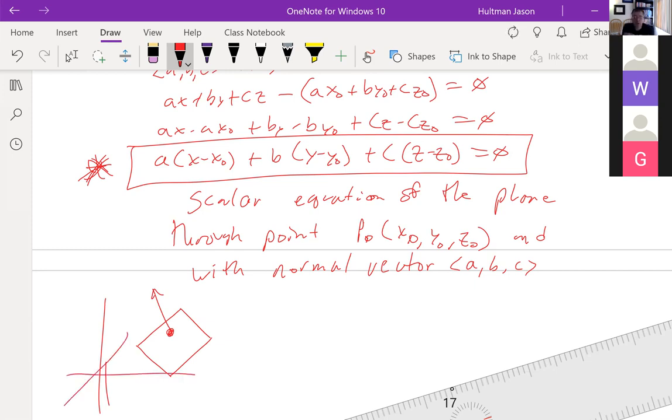All we need is a point and the normal vector, once we have the normal vector and a point.